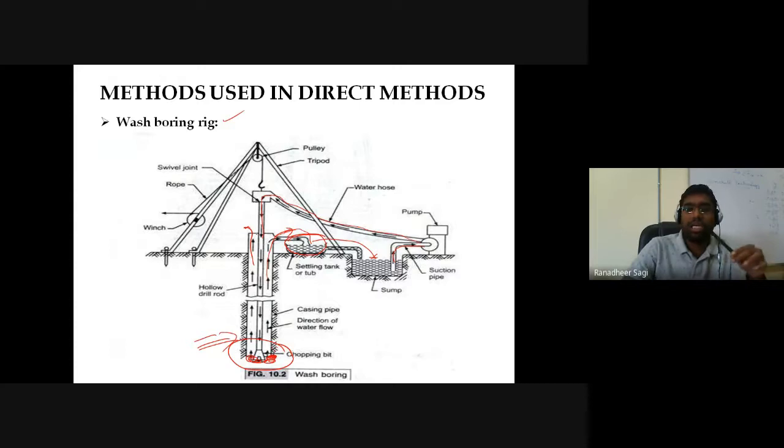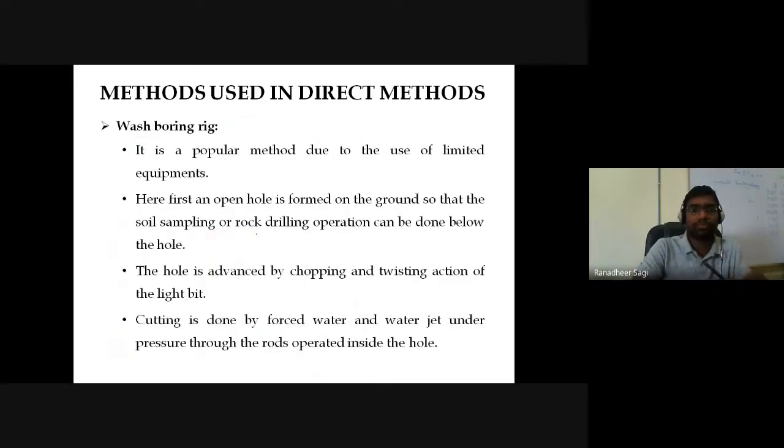So the soil you collect in the settling tank is not a true representation of the soil in the field, because soil particles are getting mixed with other particles existing at different depths.